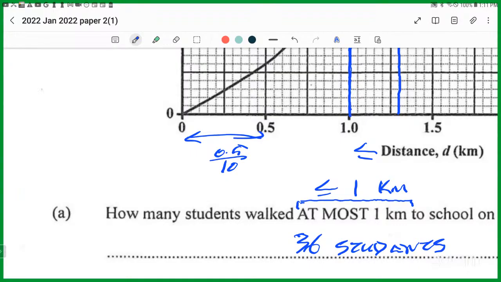So each space is 0.05, and every 2 spaces is 0.1. Look at it this way: 0.1, 0.2, 0.3, 0.4, 0.5. Every 2 lines is 0.1, then 0.2, then 0.3. Look at it good.